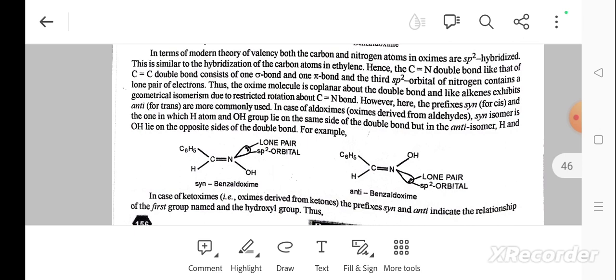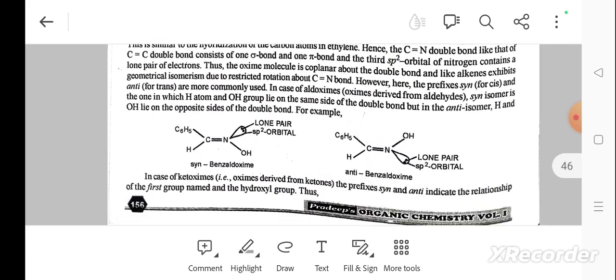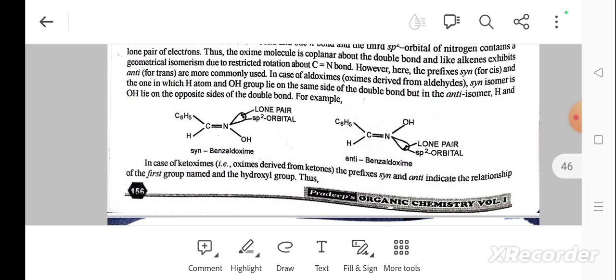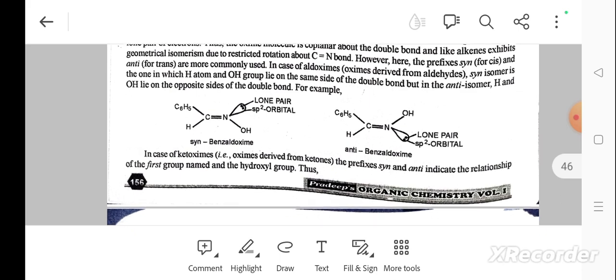However, here the prefixes syn for cis and anti for trans are more commonly used in the case of aldoximes. In the syn isomer, the OH and H lie on the same side of the double bond, and in the anti isomer, on the opposite side.